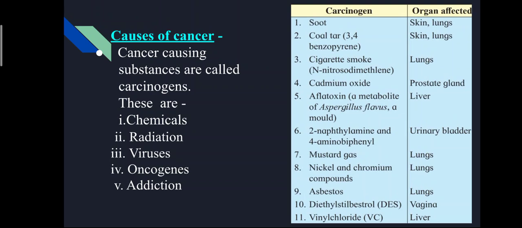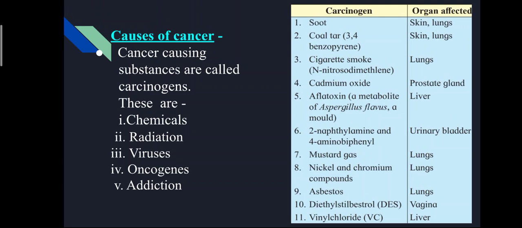Next one is the oncogenes. Number of genes called cellular oncogenes or c-oncogenes, or also called proto-oncogenes, have been identified in normal cells and they lead to oncogenic transformation of cells.